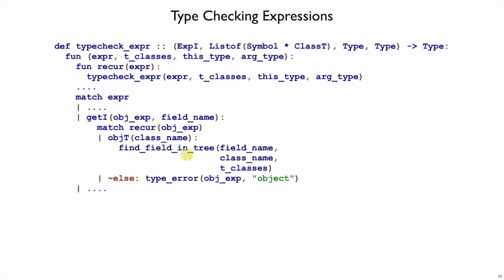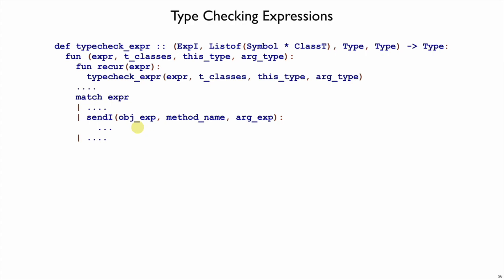We can do that by looking for the field in the whole tree of class declarations. So again, the field might be in this class, or it might be in a superclass or a superclass, and so on. And it's the job of the find field in tree helper function to find the right one. And it's just going to return a type for that field because that's all we have in the class declaration, and that type is exactly the type of the field that we get using the get expression.